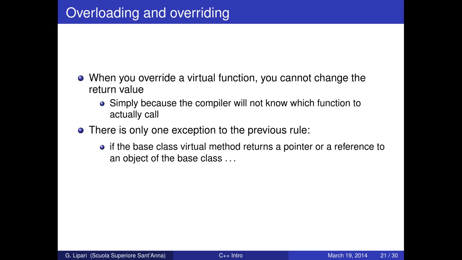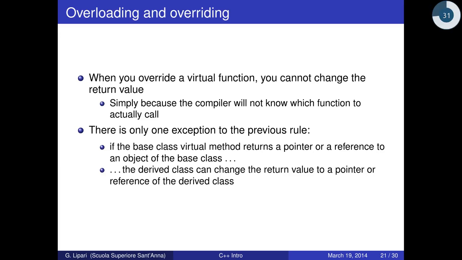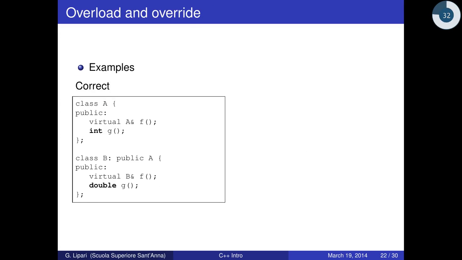There is only one exception to the previous rule. If the base class virtual method returns a pointer or a reference to an object of the base class, the derived class can change the return value to a pointer or reference to an object of the derived class.